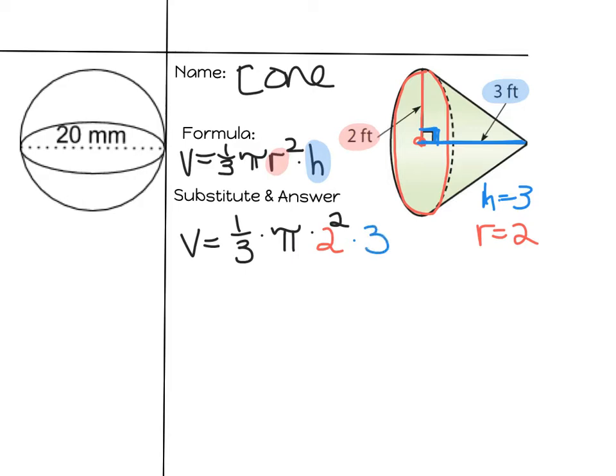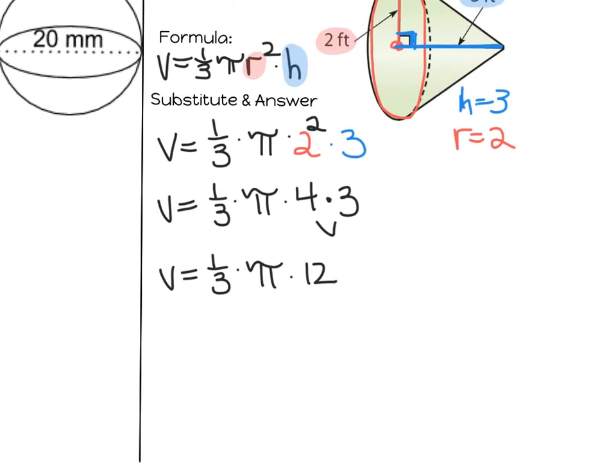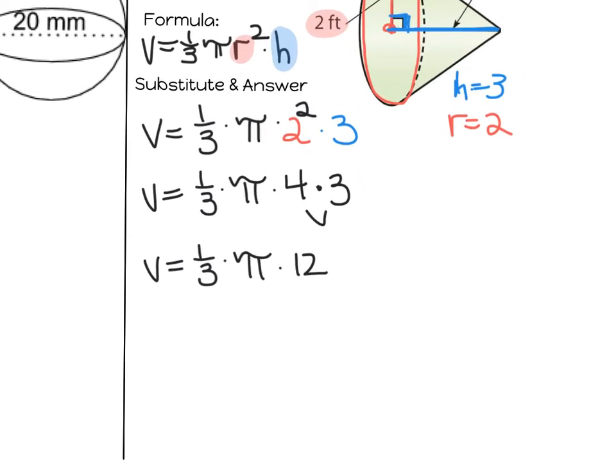So order of operations tells me I need to do my exponents first, so we get volume equals 1/3 times pi times 2 to the second power, 2 caret 2, that is 4 times 3. You can type this in all at once, but if you do want to simplify it a little more first, we can do volume equals 1/3 pi times 12, but you could have just typed it in how it was before. So now I'm going to type this in, 1/3 times pi times 12.